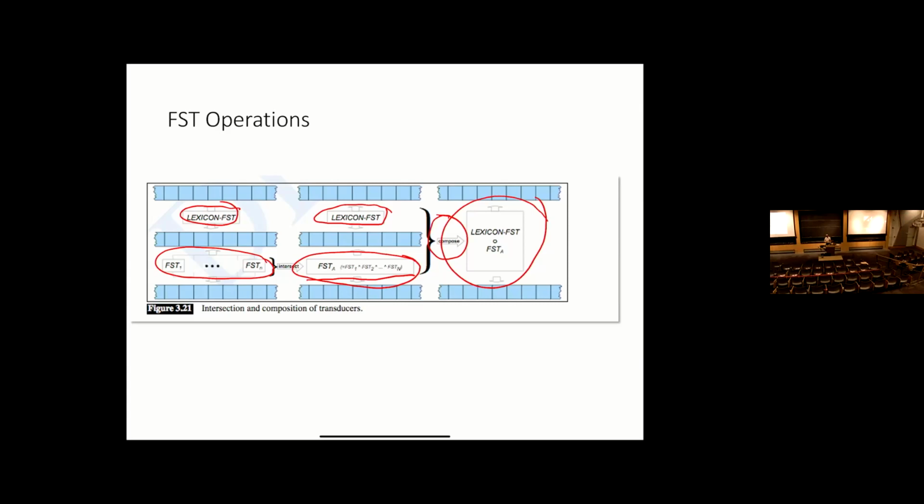So why might we want to have one big FST instead of passing information back and forth among a bunch of smaller FSTs? Rahul says encapsulation, and that's basically right. That's one reason.